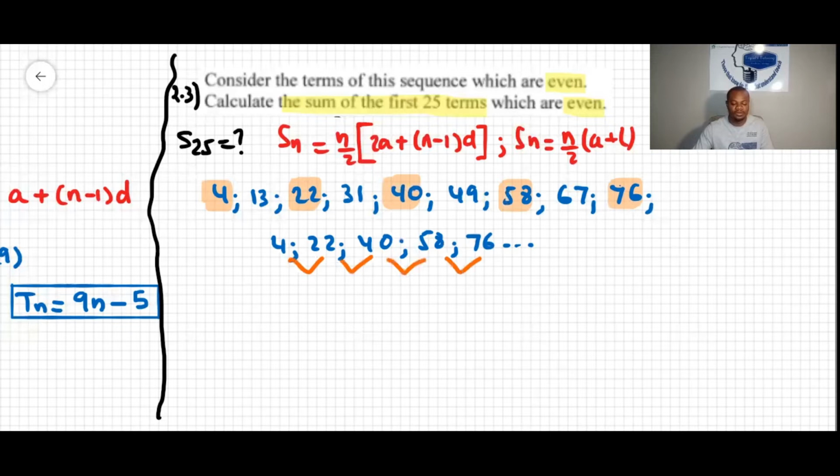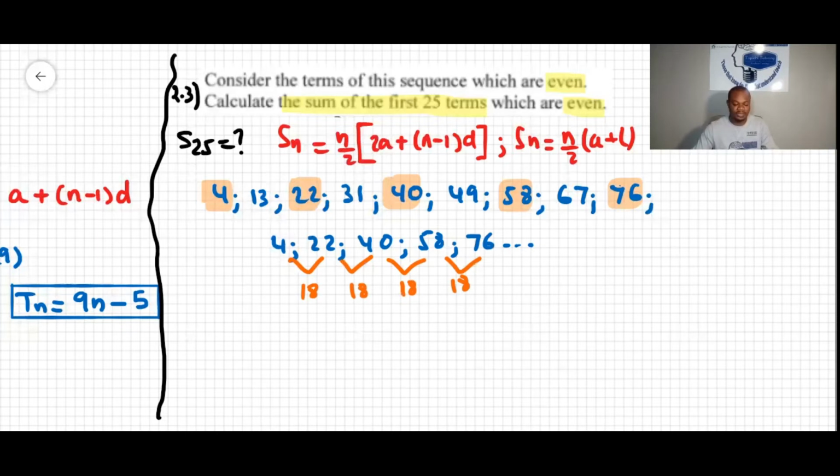You can notice that the constant difference is just 18. We can say that, excuse my English, even the even part of this sequence is also an arithmetic sequence because it has a constant difference. Then we can apply the formula here.